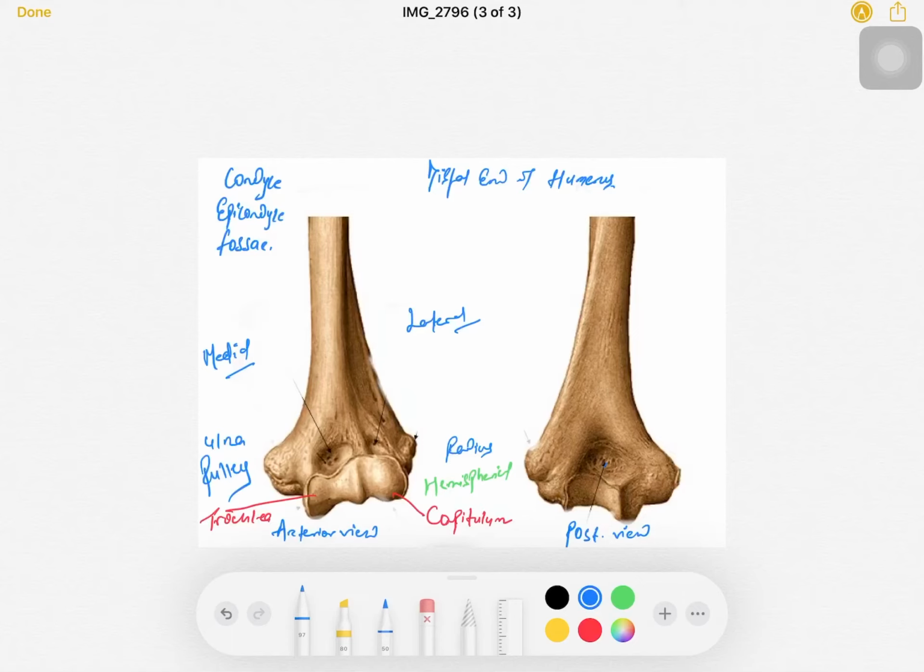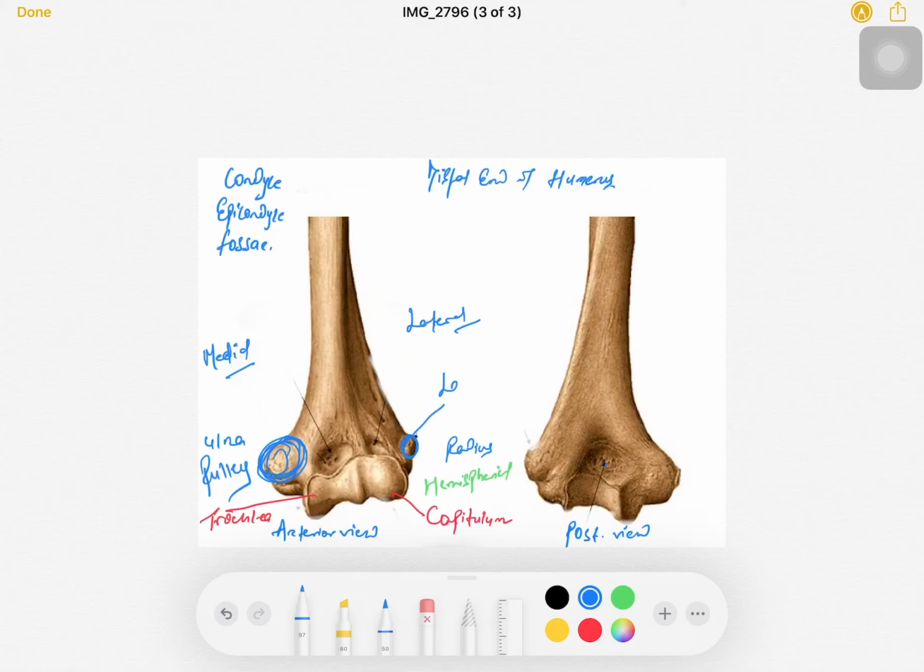After the two condyles, there are two epicondyles. One is your medial epicondyle. The medial epicondyle is present above your trochlea. This one is the large bony protuberance. You can see this bulging part is more compared to this one, right?